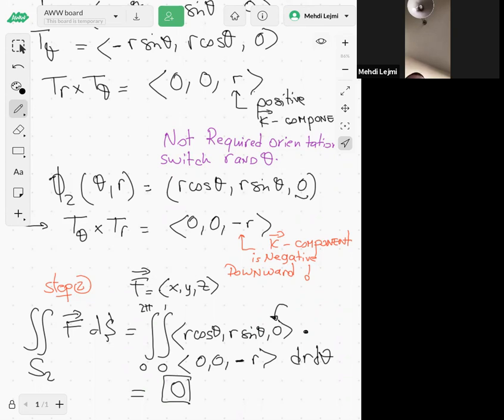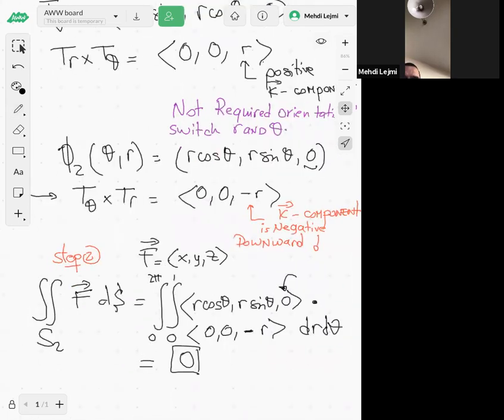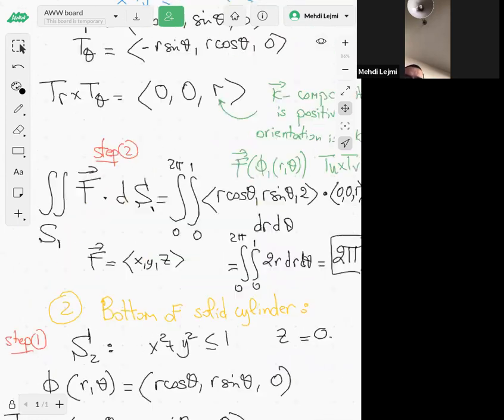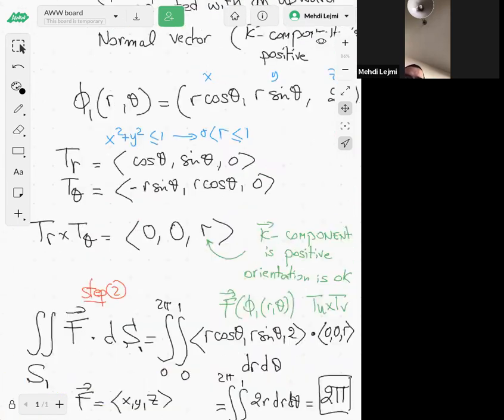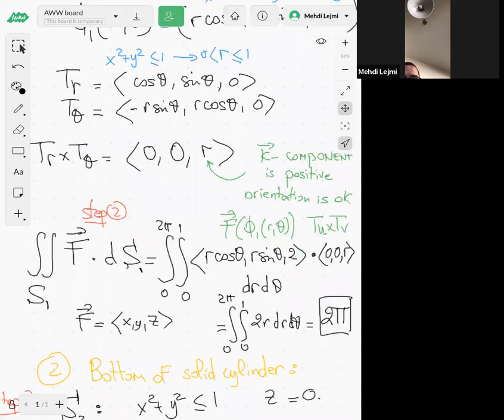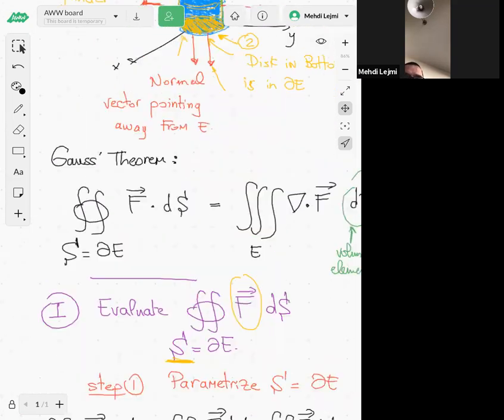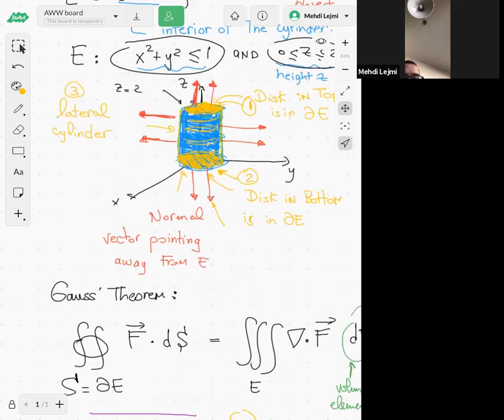And now the last vector surface integral is the one over the lateral cylinder. That's the third piece of my boundary, this one here. The lateral cylinder.